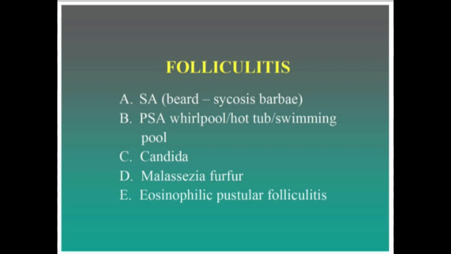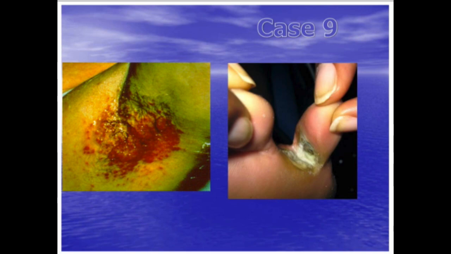This is the next case. A 50-year-old male who likes to play soccer comes to see you in the clinic complaining of these wounds between the toes and under the axilla. What do you guys think he has? Tinea, right?